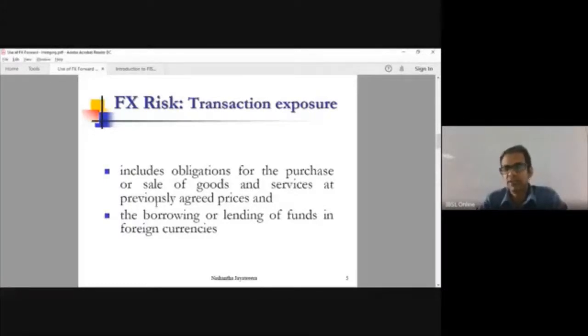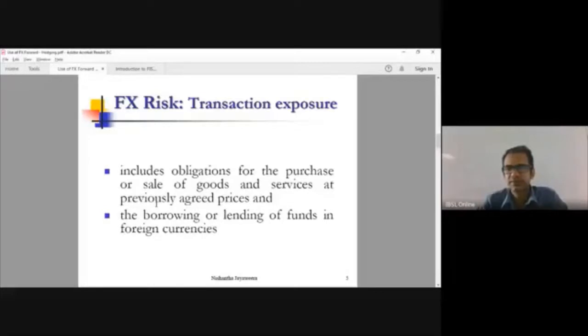Not only that, if you have a borrowing, say it's a one year borrowing, what would happen after 1 year's time? You have to pay it back. Today you borrowed $1 million. The exchange rate is 185 rupees. But in 1 year's time, when you try to pay it back, the exchange rate may be 200 rupees. To buy dollars to pay the loan, you need more rupees.